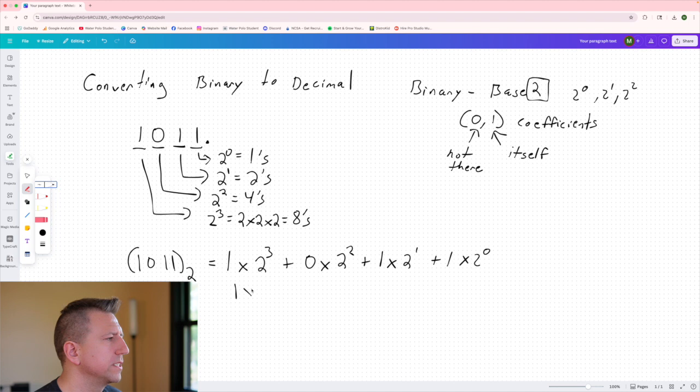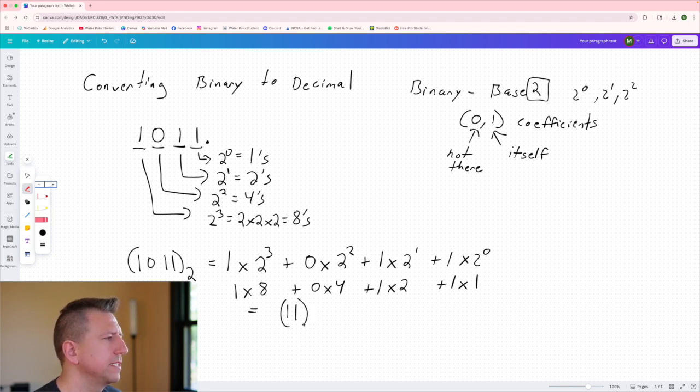And so this is 1 times 8 plus 0 times 4 plus 1 times 2 plus 1 times 1. And so this is going to be equal to 8 plus 2 plus 1, or 11.